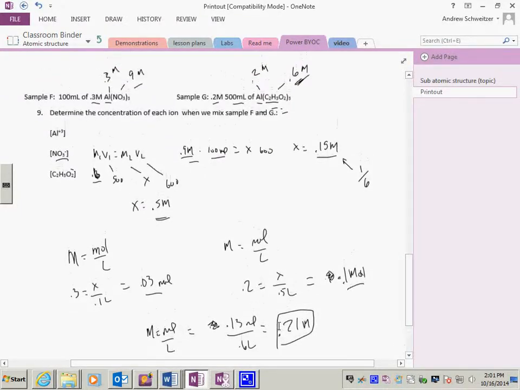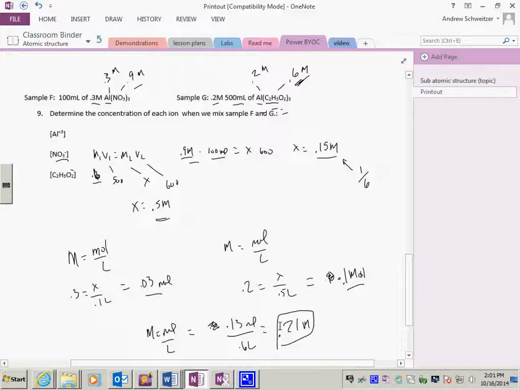Now, in this case, does 0.21 make sense? Well, I have 500 milliliters of 0.2, and I have 100 milliliters of 0.3. So I really can't get below 0.2, because I don't have anything less than 0.2.